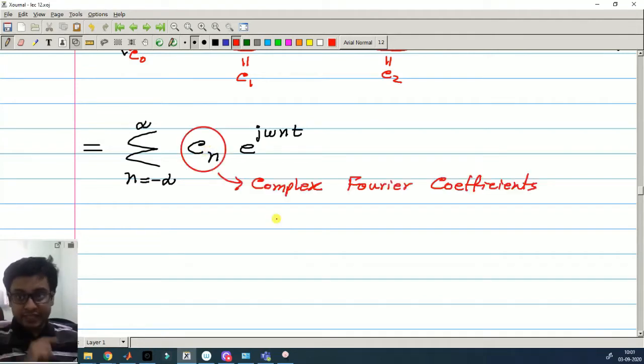So that means that any periodic signal, almost any which satisfies Dirichlet conditions, can be written as a sum of complex exponentials. Almost any periodic signal can be created by mixing complex exponential signals.